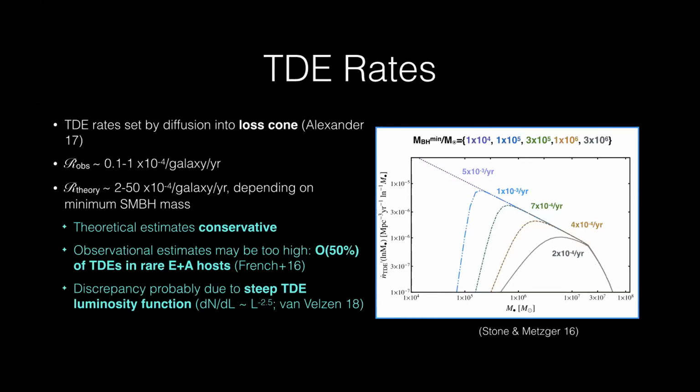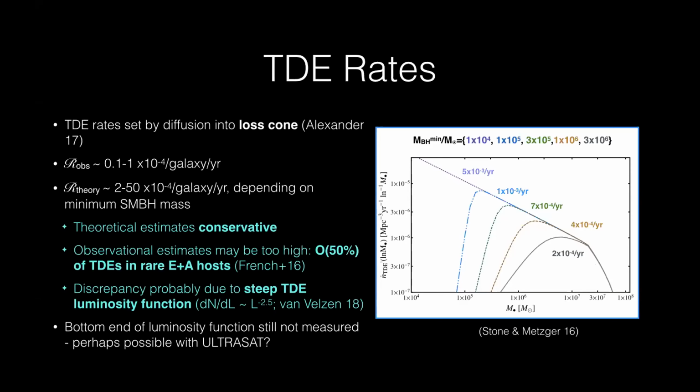I think at this point, this tension or discrepancy is probably due to the fact that there is, empirically speaking, a very steep luminosity function for tidal disruption events, and we haven't yet measured the bottom end of it. So over the luminosities that we've sampled through current time domain optical and UV surveys, we see a luminosity function that goes roughly as L to the minus 2.5, but we don't see the bottom end, we don't see any kind of turnover.